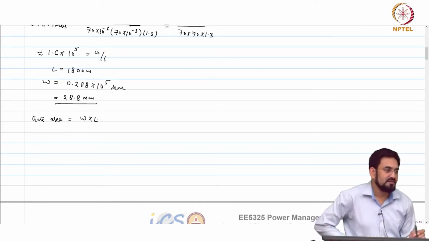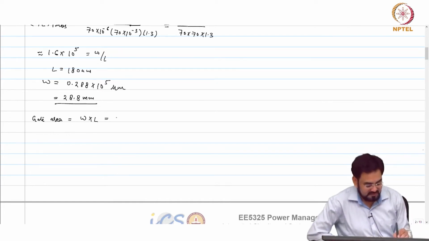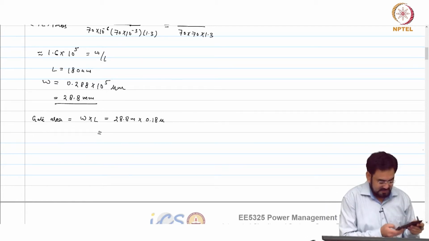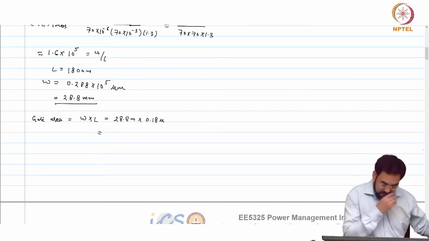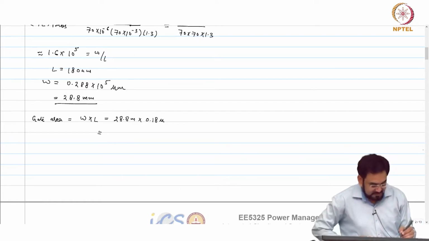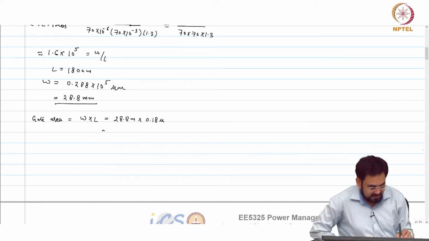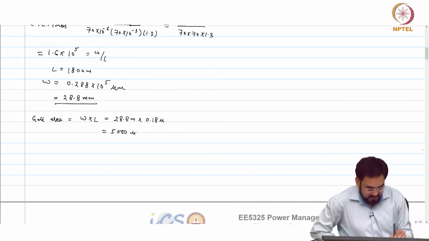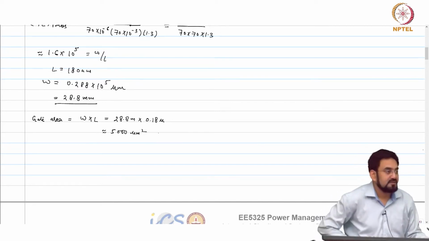Width into L. So, W is 28.8 mm into L of 0.18 micron. How much is this? 28.8 into 0.18 into 1000 is 5184, huh? So, I will approximate it to 5000 micrometer square, correct?